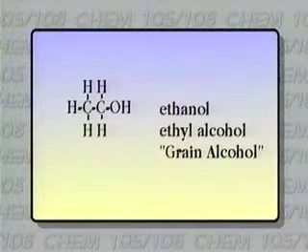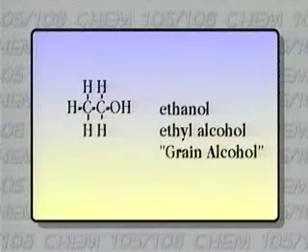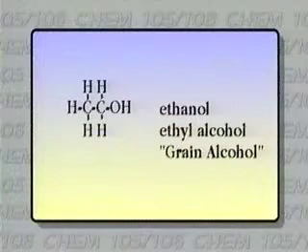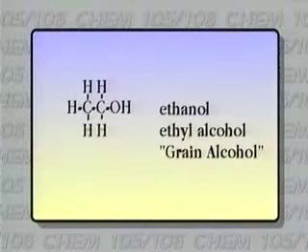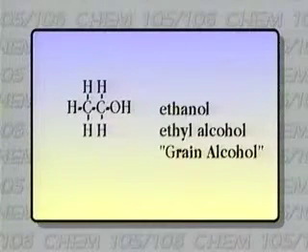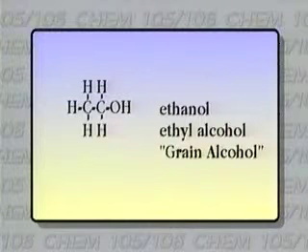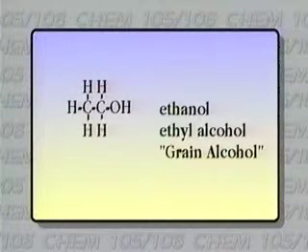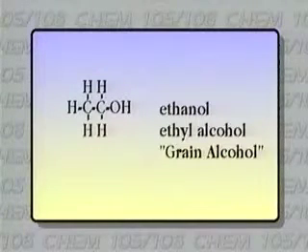Once again, it is also named in terms of the hydrocarbon group, which we refer to here as the ethyl group, just like in the case of the 1 carbon, which we had methane, we called it methyl. We have ethane, we call it ethyl. So ethyl is this part of it right here. This C2H5 is ethyl.